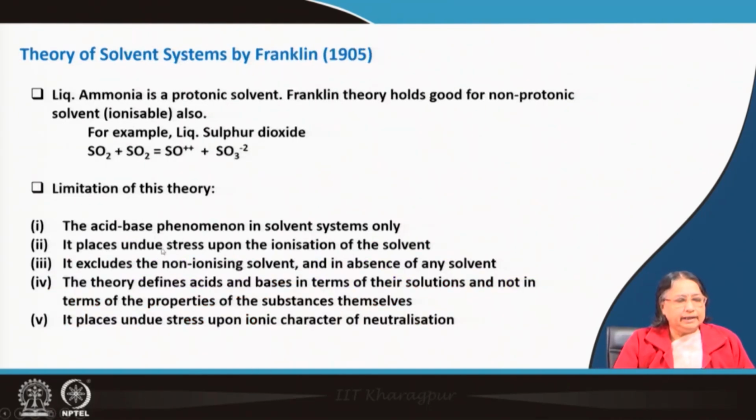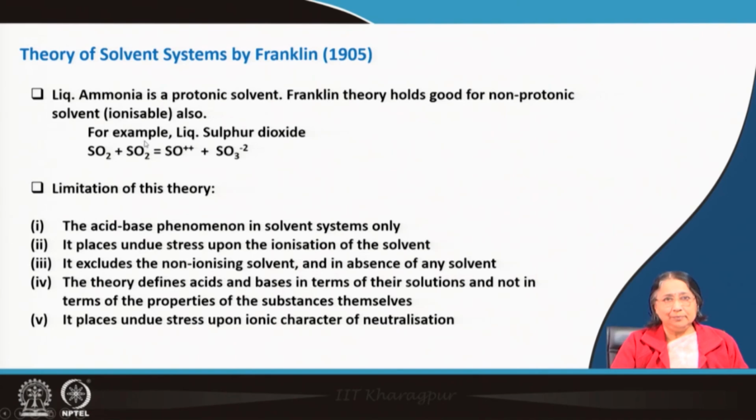Also, ammonia is a protonic solvent, but there are some solvents which are non-protonic, for example, liquid sulfur dioxide. In liquid sulfur dioxide we do not have any proton. So, what will happen here? It is also explained by Franklin.